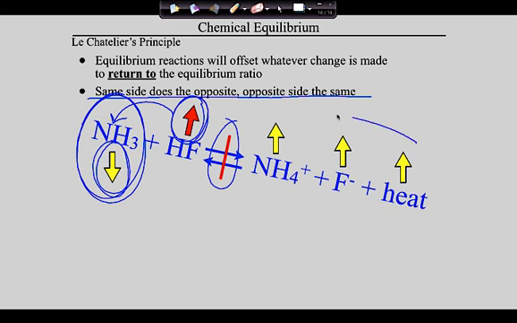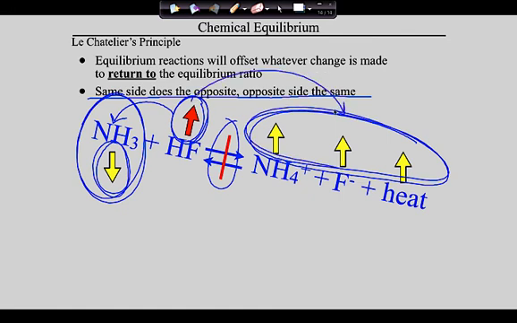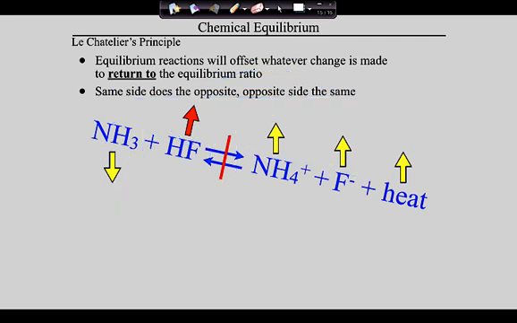Then everything on the opposite side of the reaction does the same thing. So HF went up, so does everything else on the other side of the reaction. So coming back to equilibrium, if we increase HF, NH3 goes down, and everything on the other side, NH4 plus, fluoride minus, and heat, they all go up to come back to equal.